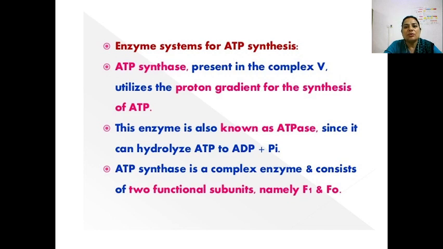Enzyme systems for ATP synthesis. ATP synthase present in complex 5 utilizes the proton gradient for the synthesis of ATP. This enzyme is also known as ATPase since it can hydrolyze ATP to ADP and inorganic phosphate. ATP synthase is a complex enzyme and consists of two functional subunits, namely F1 and F0.